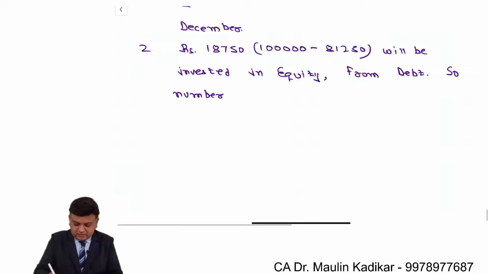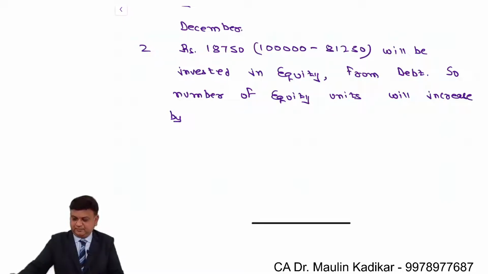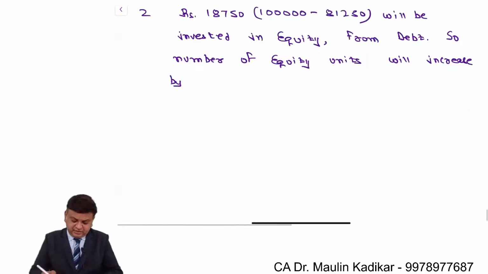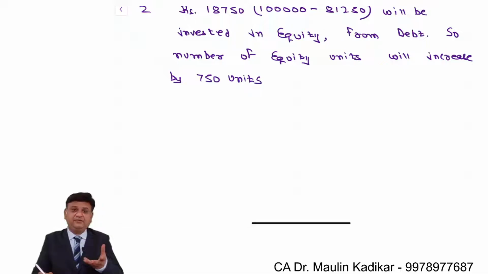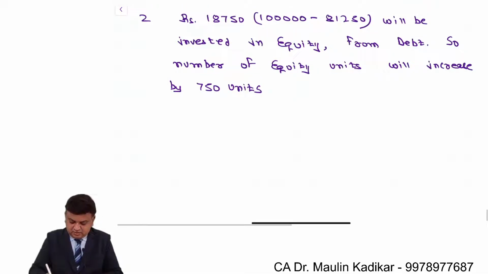So the number of equity units will increase by 750 units. How is this 750 calculated? 18750 divided by 25.